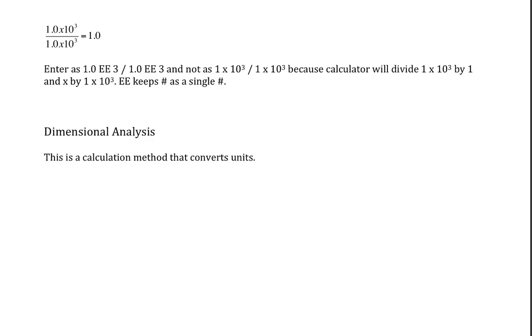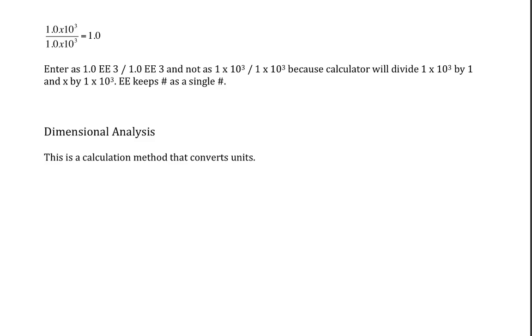Do not type that number as 1 times 10 caret 3 divide 1 times 10 caret 3, because what the calculator will do is take your 1 times 10 cubed and have 1,000, and then divide that by 1, and multiply that all by 1 times 10 cubed, and it will report the answer as 1,000.